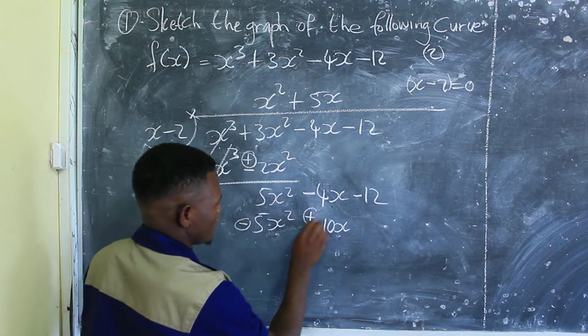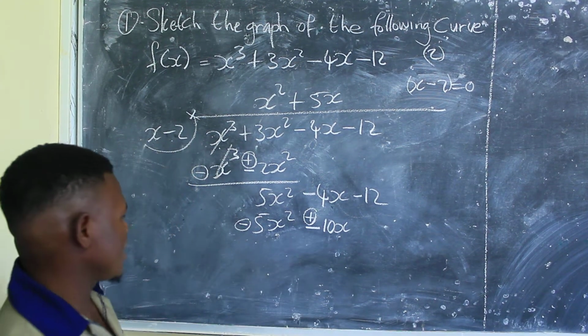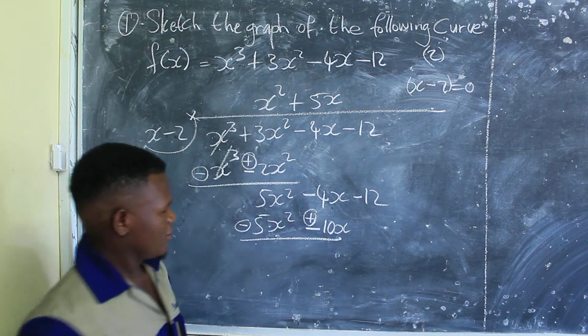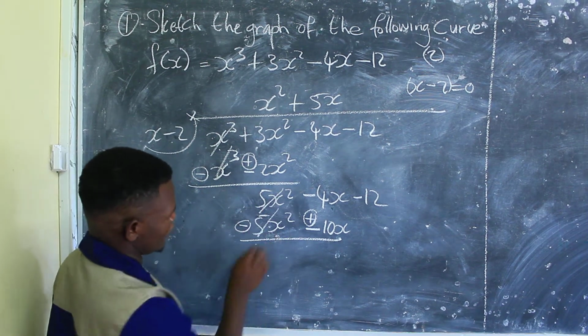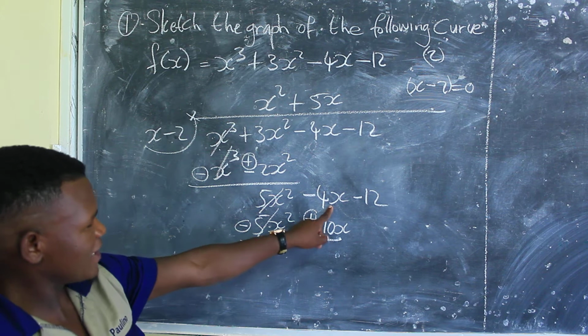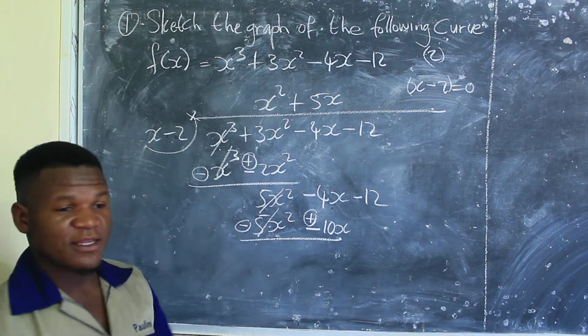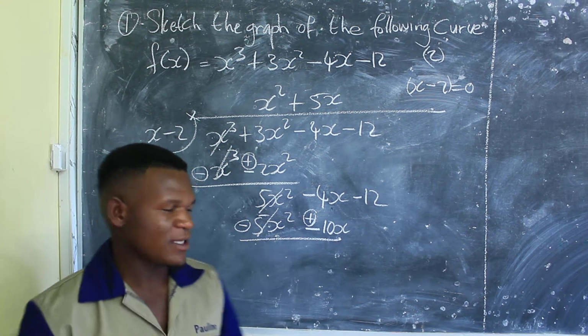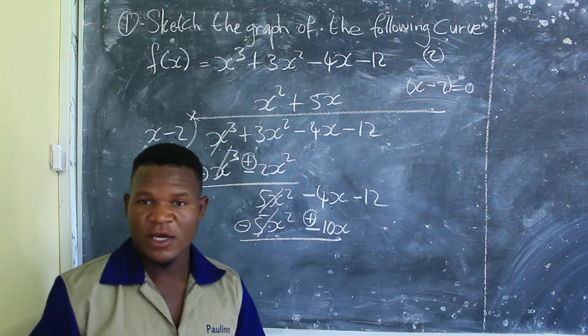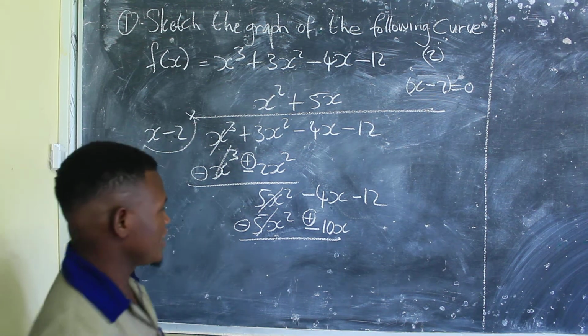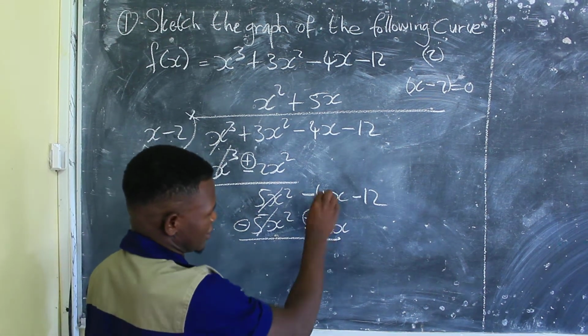You change it to a positive. You don't forget. The process continues. These two will cancel out. Now, -4 plus 10. You keep the sign in front of the bigger number. In this case, 10 is bigger than 4. That means our answer is going to be positive. So you just subtract this one.